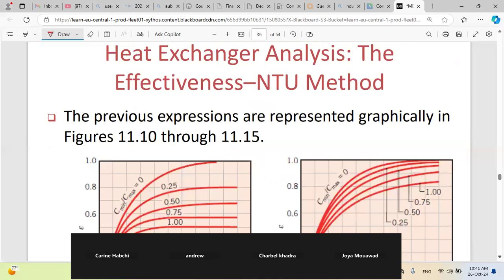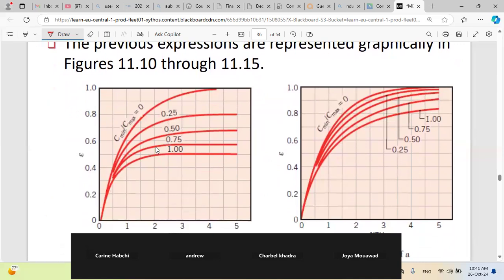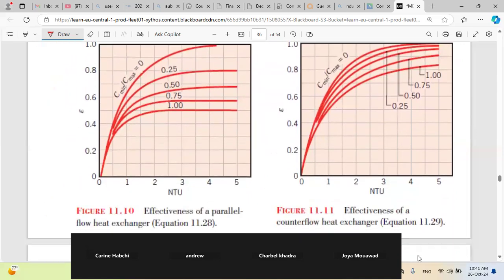Okay. Now, as I told you, the relations can be given in empirical form, in tables, or graphically. And here you have graphs that will give you, for each type of heat exchanger, for example, if I have a parallel flow heat exchanger, epsilon as a function of NTU for different values of C minimum over C maximum.